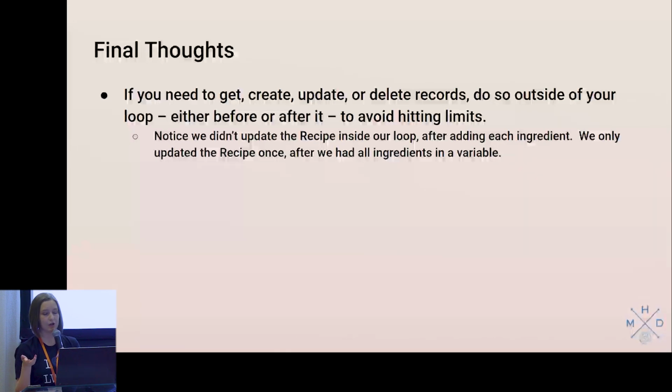We technically could have. Every time we added an ingredient to our list, we could have updated the recipe, but that would have been 8 updates for one recipe with 8 different ingredients. Instead, you want to populate a variable with all of those and then update your recipe once you have your variable totally populated. So you'll read that: never do this stuff in loops. That's why.